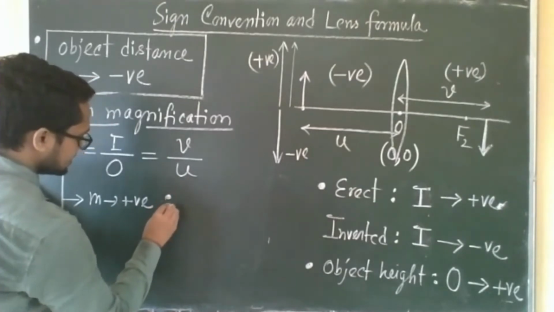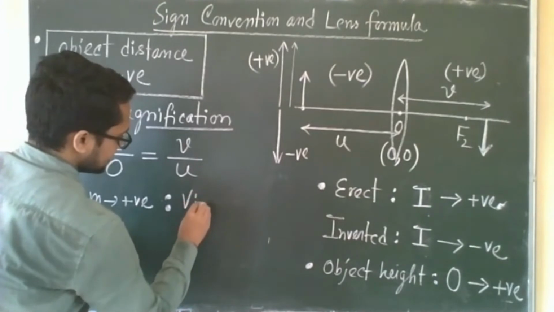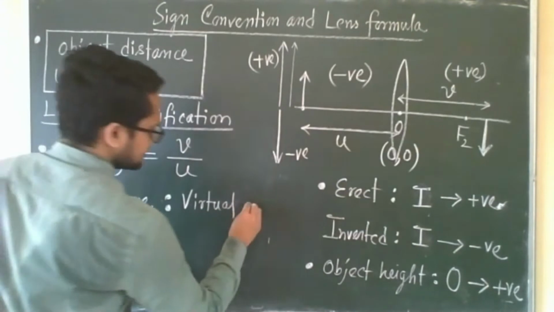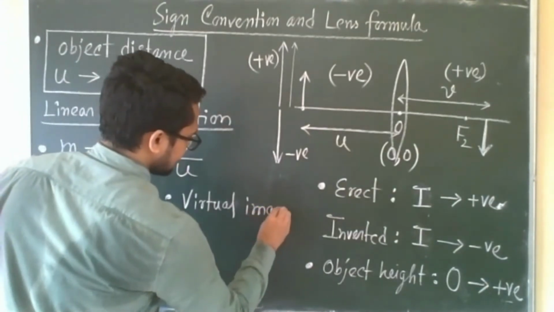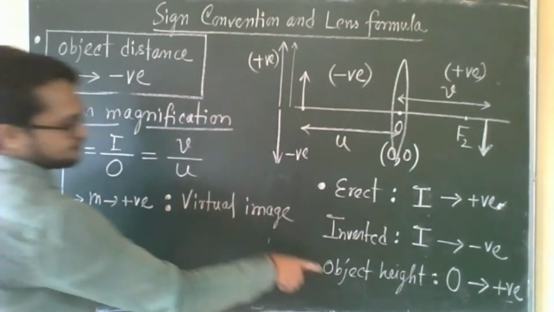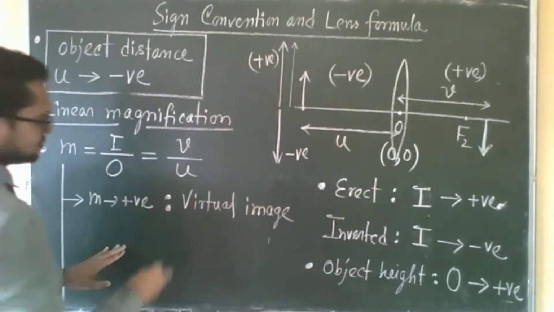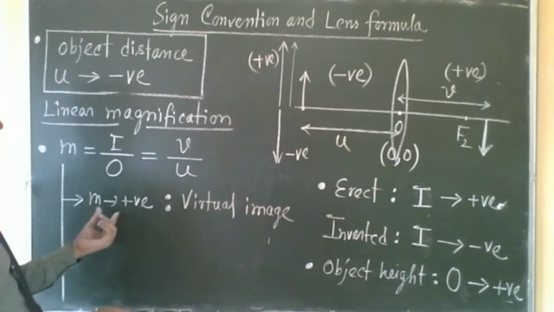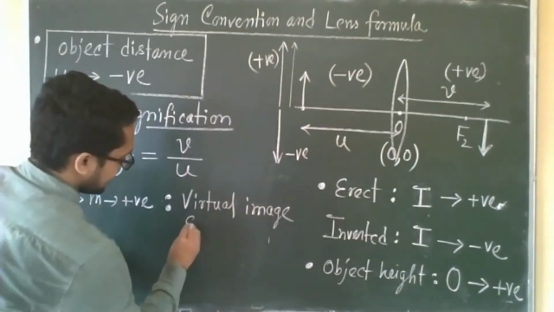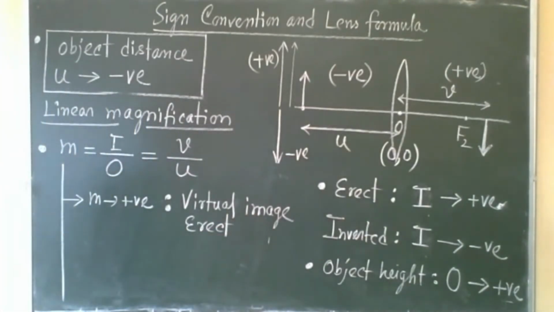So m is positive means you will get virtual image, because v negative, in which case v negative, virtual image. And in which case image height is positive, m will be positive, o is always positive, object height is always positive. So in which case I is positive, erect. So whenever you see M is positive, you can write two properties easily: virtual image and erect image. Okay, virtual and erect.